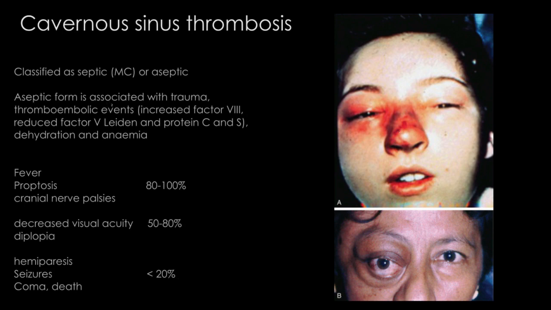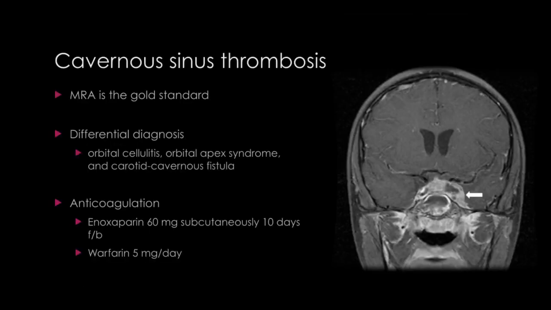Aseptic form of cavernous sinus thrombosis is due to trauma or any thromboembolic events such as increased factor 8, reduced factor 5, and protein C and S. It can also be due to dehydration and severe anemia. So the gold standard investigation of choice for cavernous sinus thrombosis is magnetic resonance angiography.